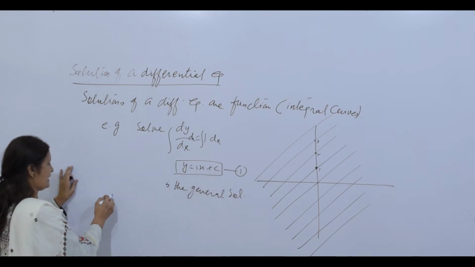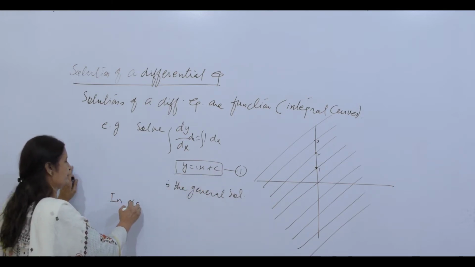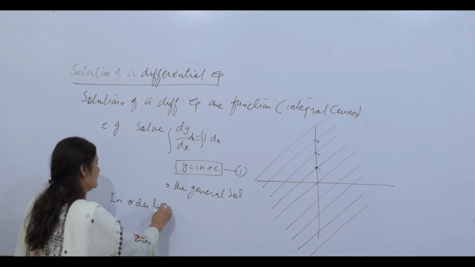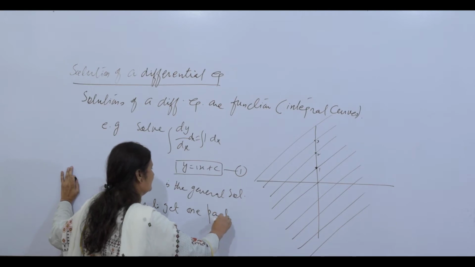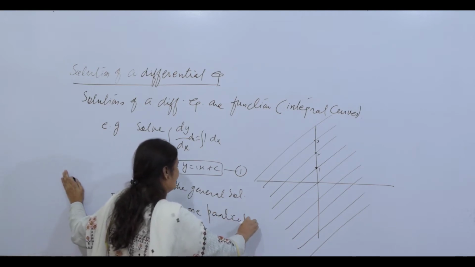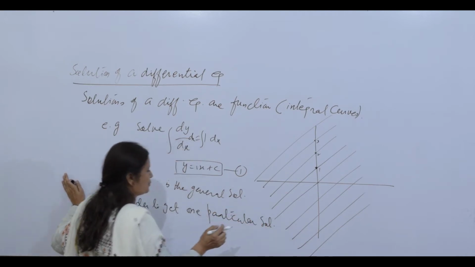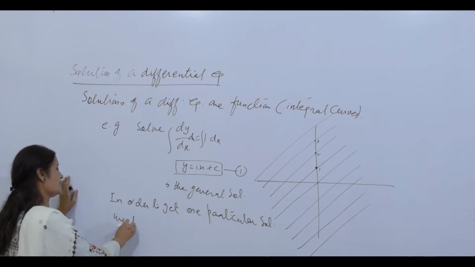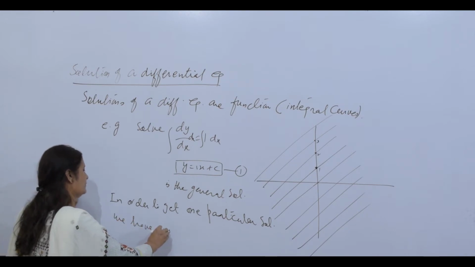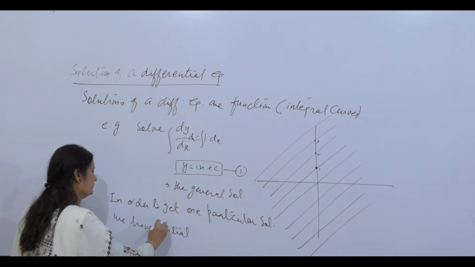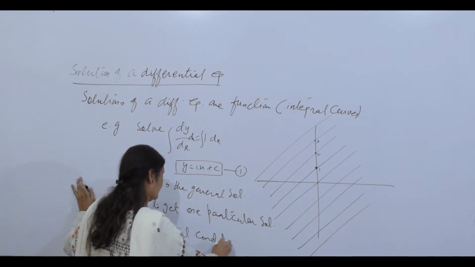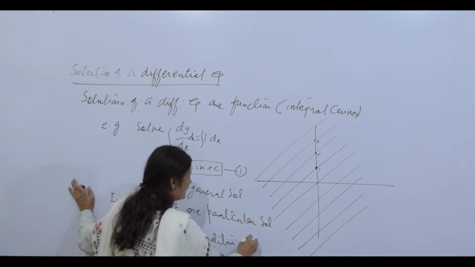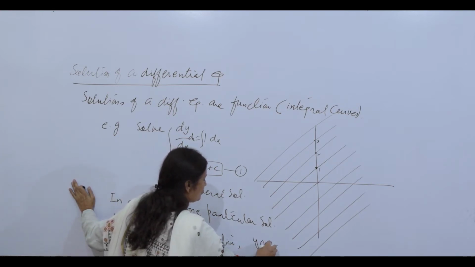So in order to get one particular solution, we have an initial condition, that is y of x naught is y1.